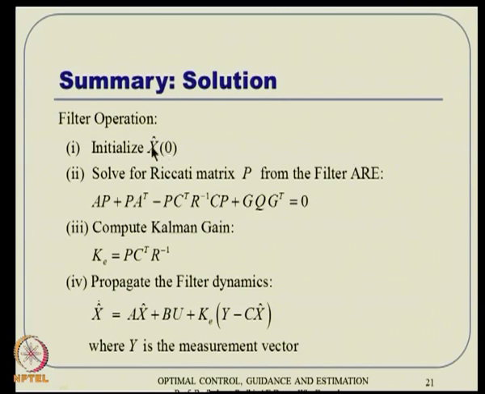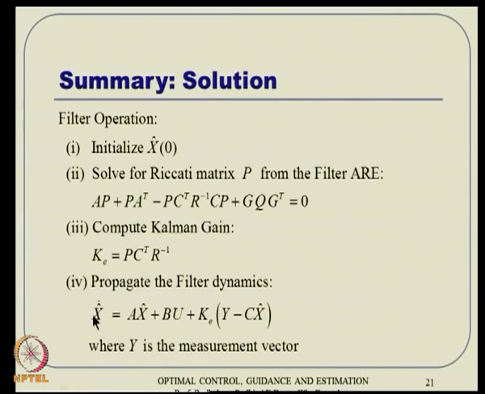So for filter operation, we initialize first with x hat of 0, then we need to solve this Riccati matrix equation, the filter ARE. Then you can compute the Kalman gain, and then you can propagate the filter dynamics, because x hat 0 is known and the filter dynamics structure is known with a deterministic value of Ke.